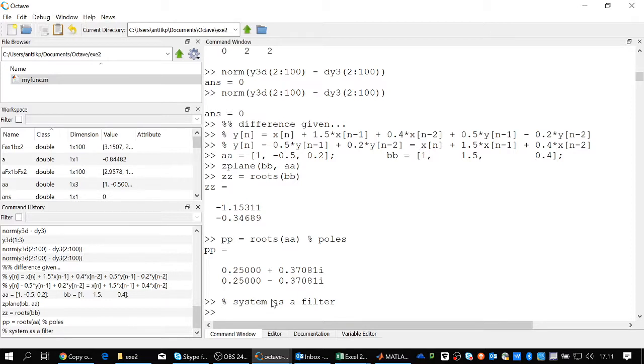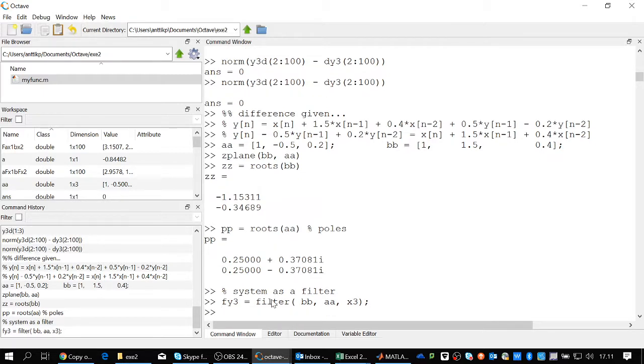We can calculate, for example, the filtered output for signal X3. There. So the filter command actually takes these coefficients as they are, B's and A's, like that, and that's the output for any input.